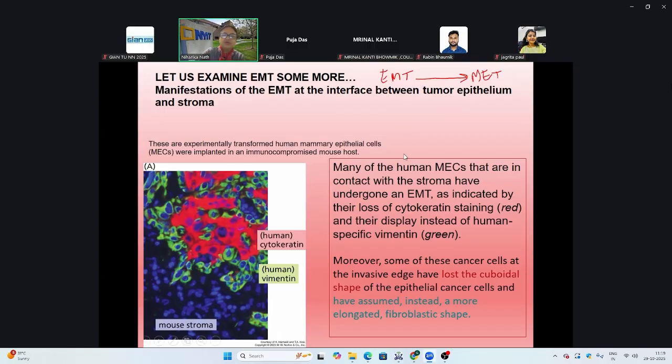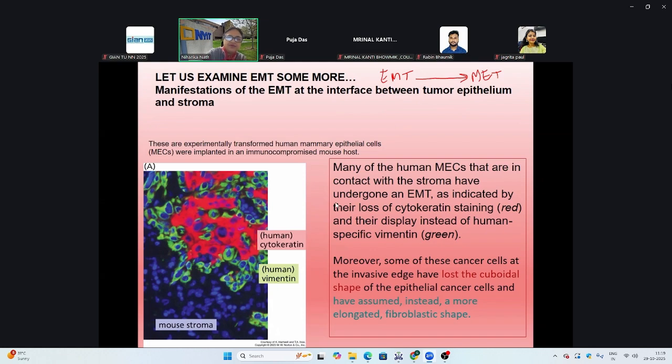So let's look at this slide now. Let us examine this EMT some more and the cytology associated with it. This is an example in this study. This is a mouse, okay?